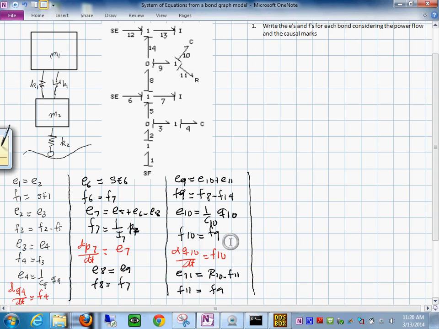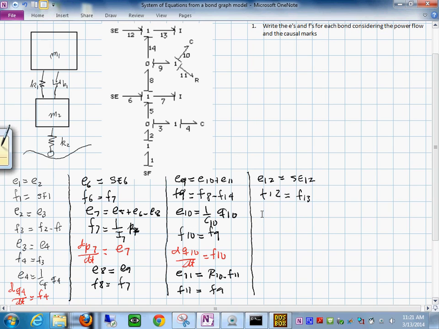So 12, E12 is equal to SE12. And then we have that F12 is equal to what? F13. Because this F13 determines the flow for all the others in this junction here.